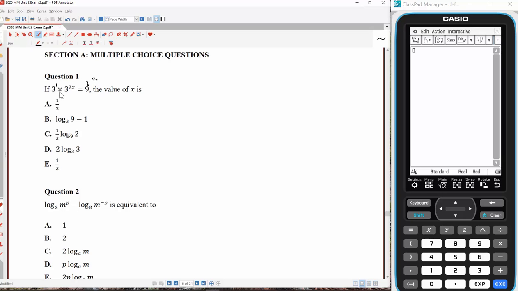Common bases being multiplied, what we do is we add the powers. So let's say the answer is 3 to the 2x plus 1 equals 3 to the 2, so 2x plus 1 equals 2, 2x equals 1, x equals a half.